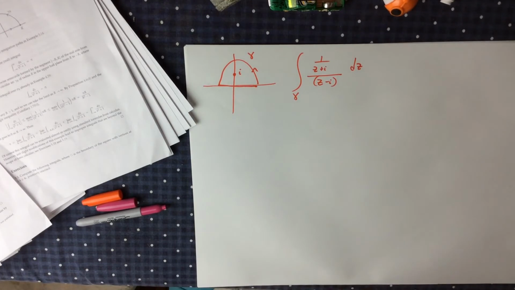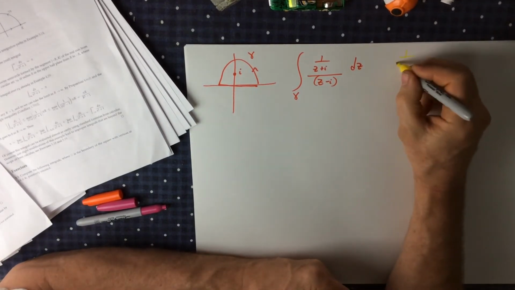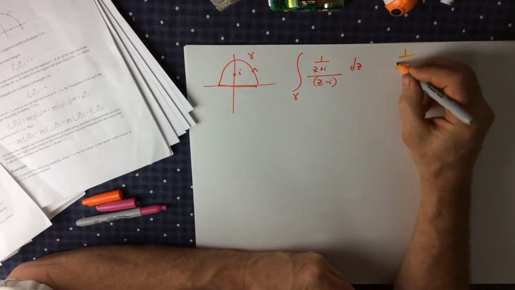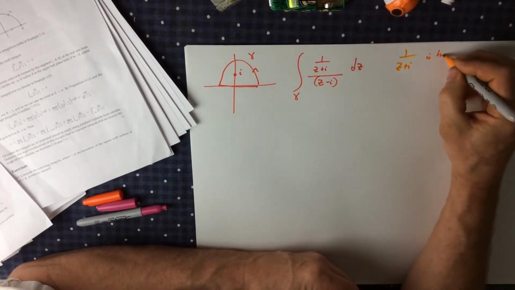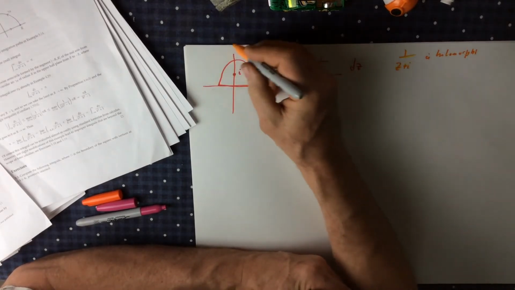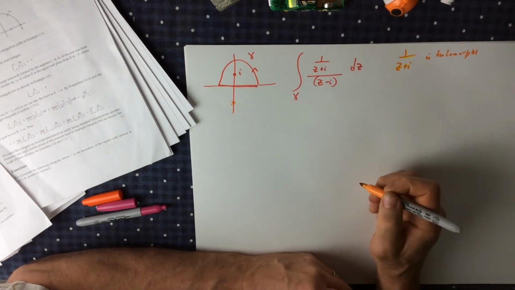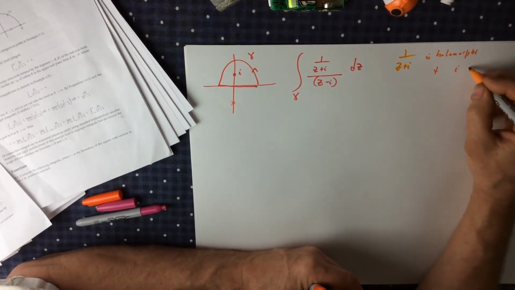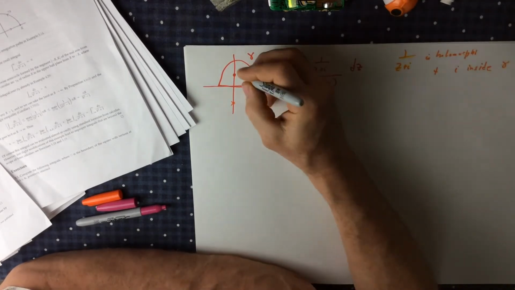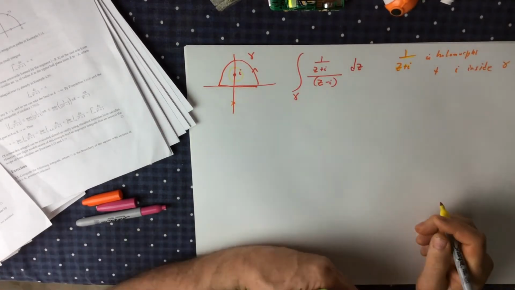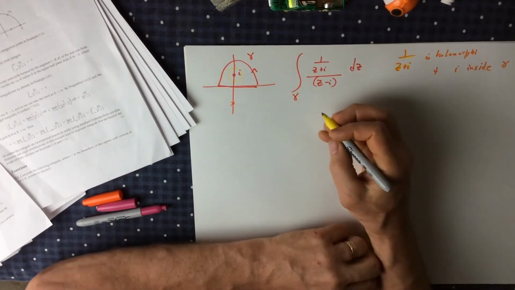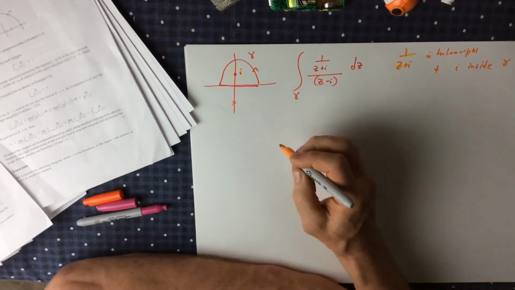Now, I know that 1 over z plus i is holomorphic in this region. I'm away from its bad point. And i is inside of my gamma. And so we know that this integral is equivalent to the integral around the circle, which we know its exact value.